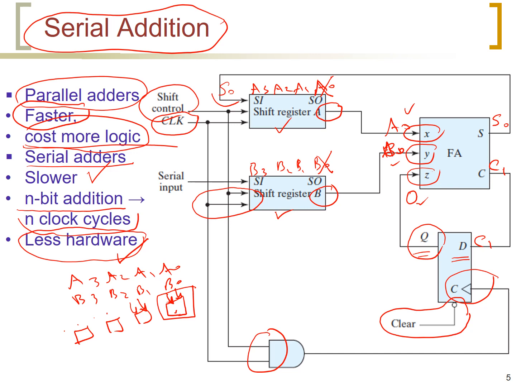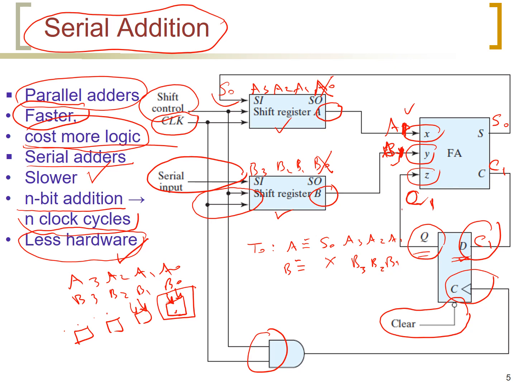So after the first clock pulse, after T0, shift register A will contain S0, then A3, A2, A1, and shift register B will contain B1, B2, B3, and whatever we have input here as serial input. So let's call it X. And the carry flip-flop here will be loaded with C1. Then, as soon as this happens, we find A1 is here, and B1 is here, and C1 is here now.